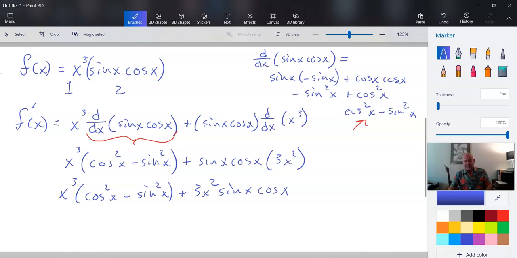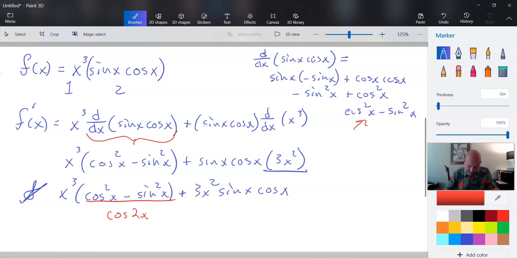Now, that's just putting things in a more familiar form, because you usually don't leave these hanging off on the end. But this is a completely correct answer. There's nothing wrong with that. The only thing that might happen from here is a couple of substitutions. I gave you a sheet before, and if you look under the double angle identities, I could rewrite this as cosine 2x.